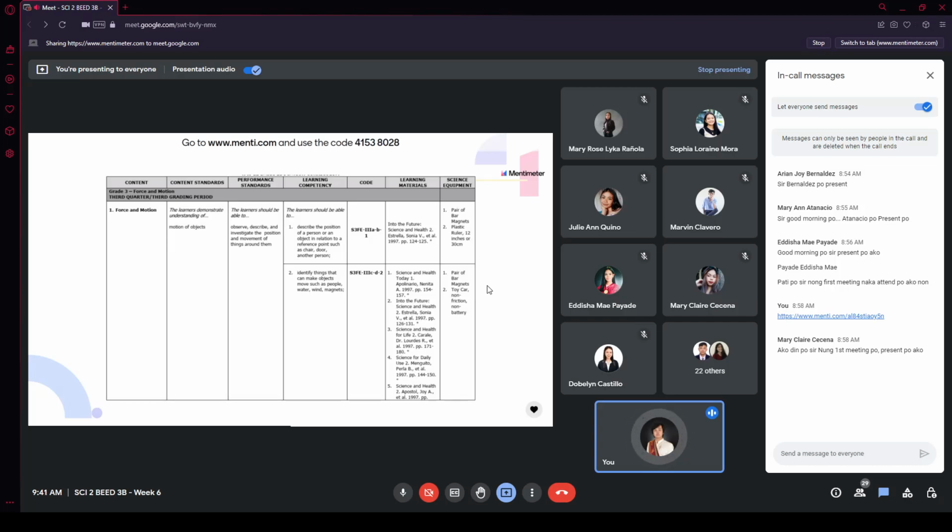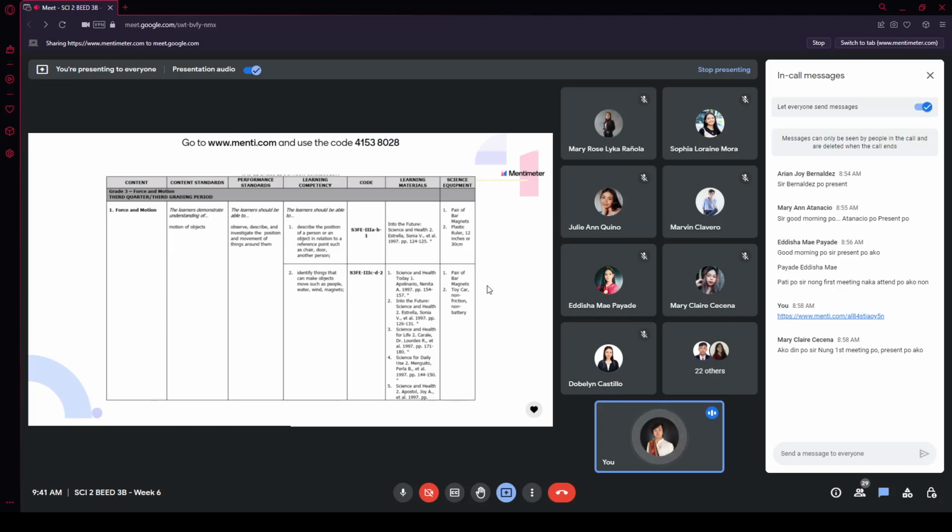So as we can see here, the equipment used in elementary is not primitive per se, but these are objects that can be readily found within their house. Probably except for the toy car, right? Because not everyone has a toy car.